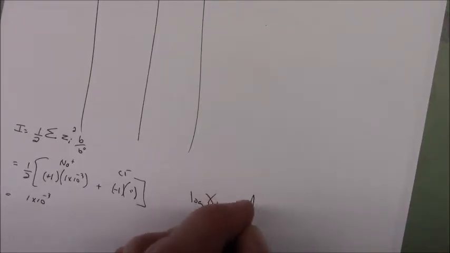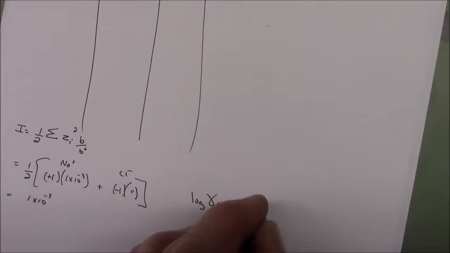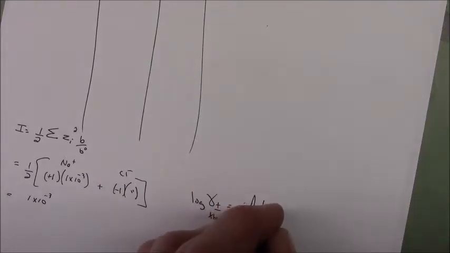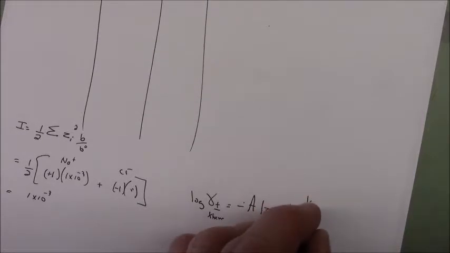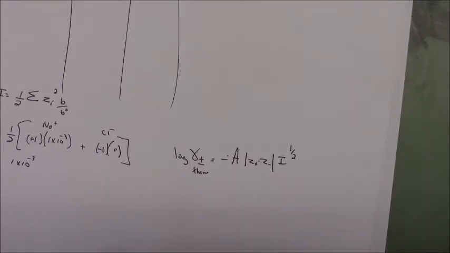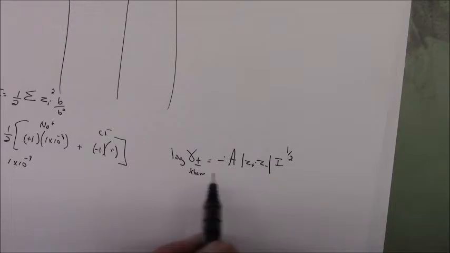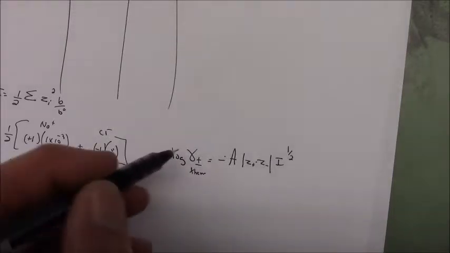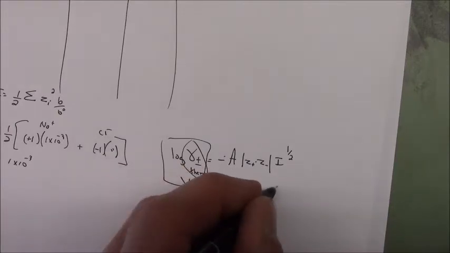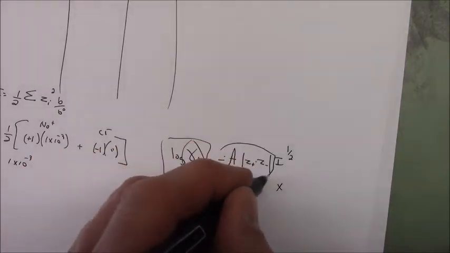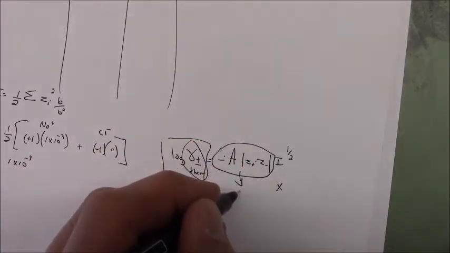It is minus a z times that. Now what's interesting about this is, once you have this and you plot this as y, this is your x, this becomes your slope.